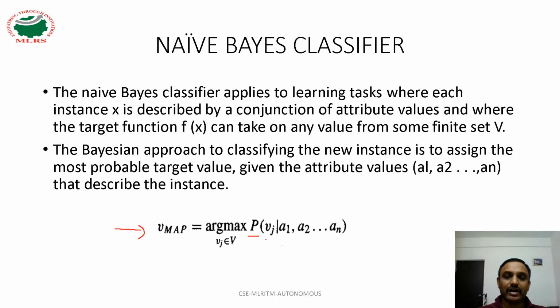That is, all possible target outputs we are taking as one set Vj, so Vj belongs to V, capital V, and we calculate on the attribute values. The target output value with maximum probability we consider as the output for the given new instance.